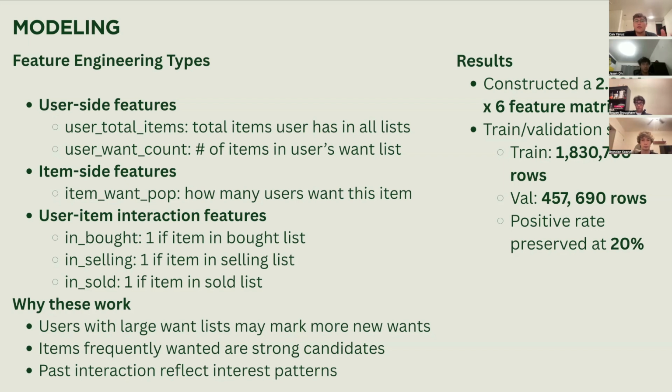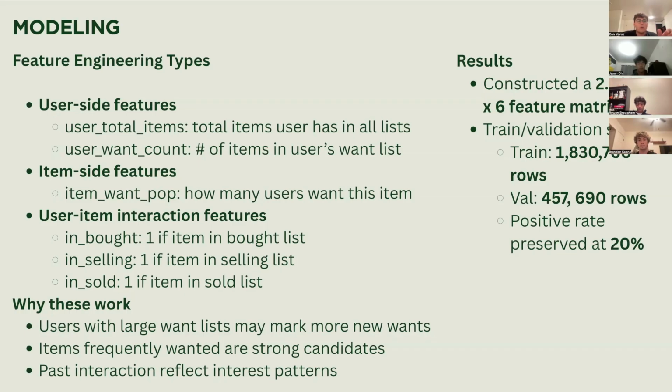This is whether the user has bought, sold, or is selling the item, and it captures their behavioral intent. For example, items a user bought previously often correlate with their future wants. So these interactions help flag familiarity and relevance to the model.